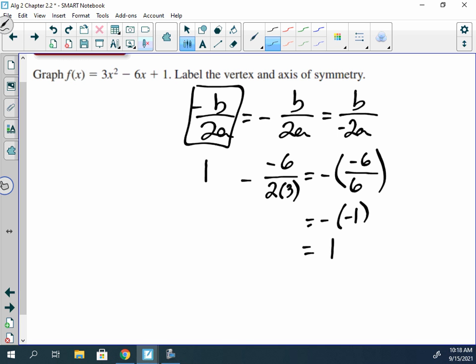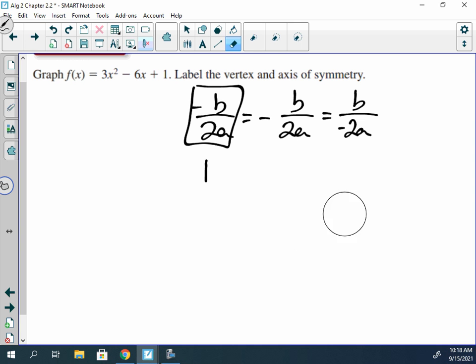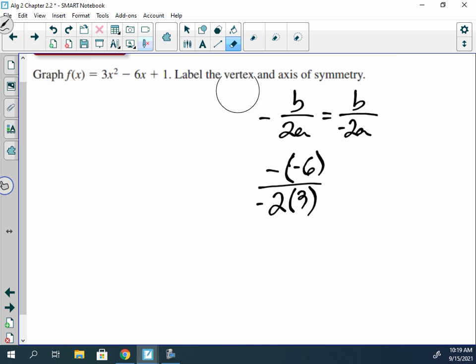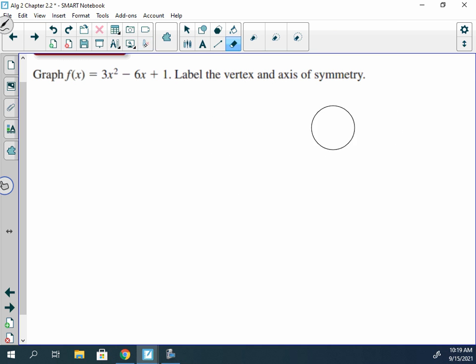Okay, so you couldn't say negative 6 over negative 6. No. Because if we applied it to both, so say negative, parentheses, negative 6 over negative 2 times 3, the negative and negative out front would make a positive. So we apply it to one or the other, but the negative would not be applied to both.